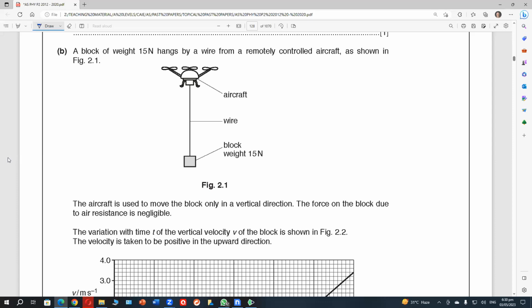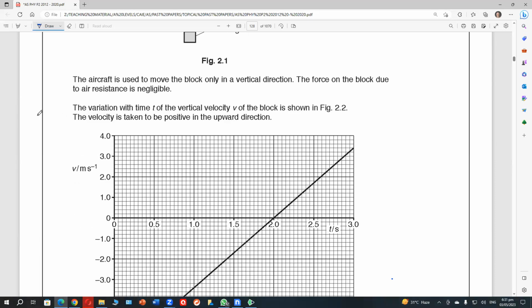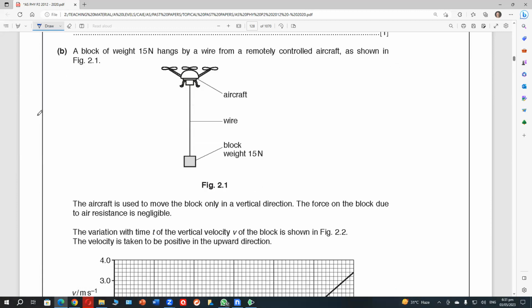A block of weight 15 Newton hangs by a wire from a remotely controlled aircraft as shown in the figure. The aircraft is used to move the block only in a vertical direction.